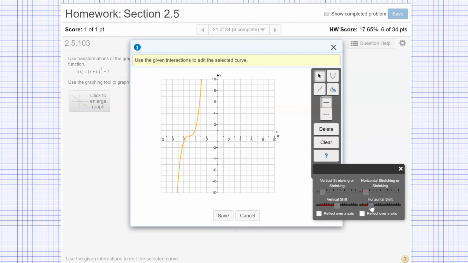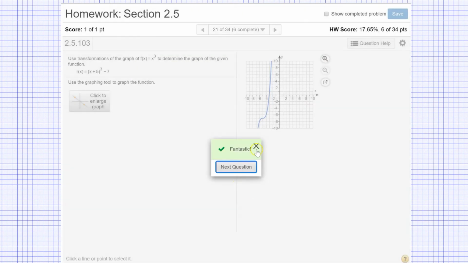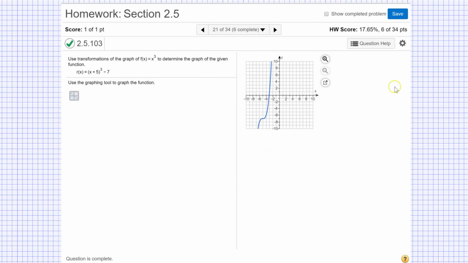So I'm going to shift it to the left 5 and then down 7, vertical shift down 7 using a little slider bar. So instead of typing a number in, I'm using my little bar to slide it. And then save and check. So that's another way that you can carry out the transformations using the MyMathLab software.